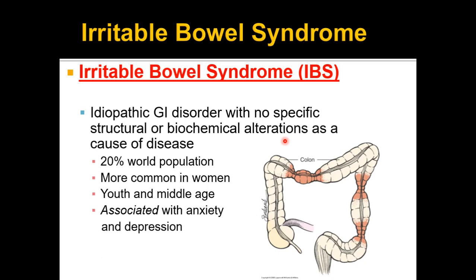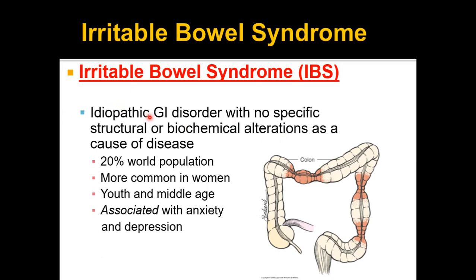In fact, there's talk and research about microscopic inflammation that can contribute to IBS. But the bottom line is, as far as IBS goes, for a long time it was a diagnosis of exclusion, meaning that we couldn't really rule in anything else. We ruled out all the bad things like Crohn's disease or ulcerative colitis. And so then what we're left with is what we call irritable bowel syndrome.